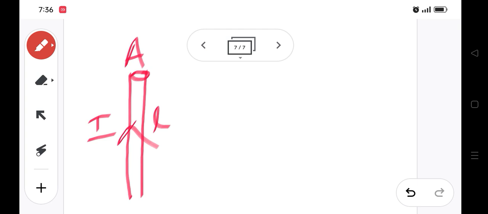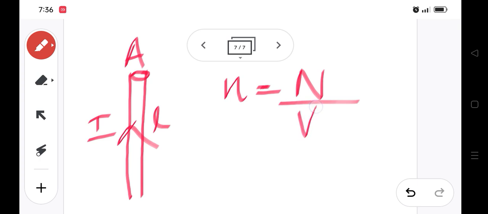What is current? It's a flow of electrons. So let the number density of the electrons be n. Number density means the total number of carriers, here electrons, divided by volume. So here n equals the number of electrons divided by volume, where volume equals area into length, A into L. So what will be N?